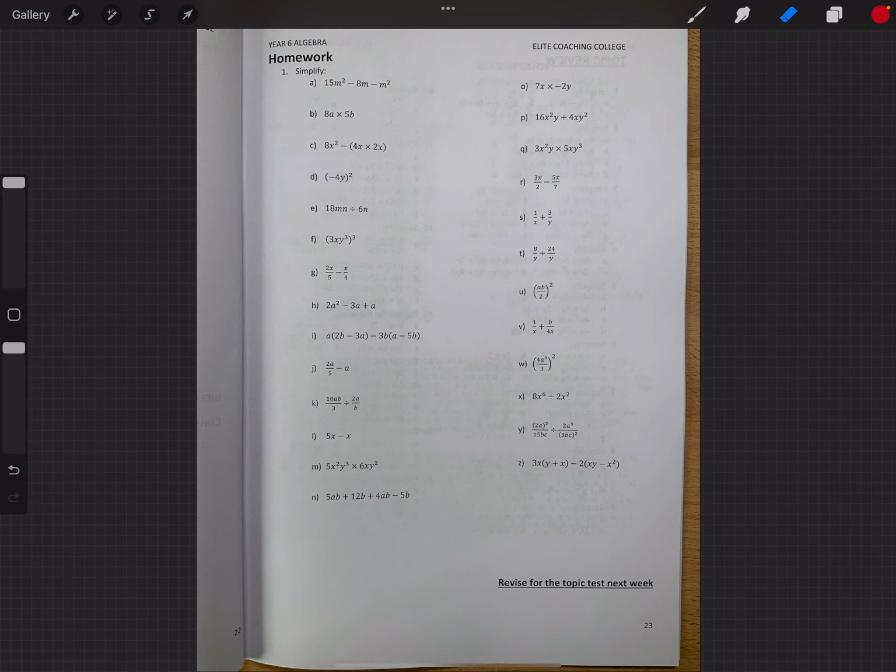And the answer to this will be, I'll put the answer over here. So we have to collect the like terms. So the like terms is which one? We got 2ab minus 3ab. What's 2 minus 3? 2 minus 3 is negative 1. So the answer here is negative 1ab.